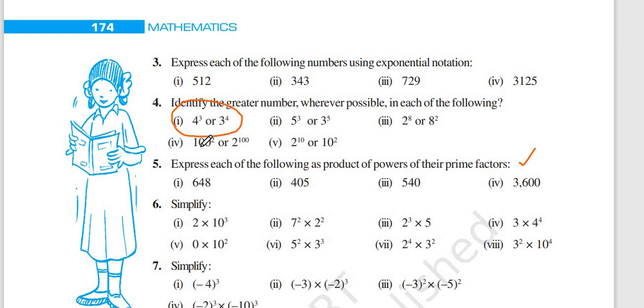You have to find the value individually, 4 cube and 3 to the power of 4. After that, you have to identify which is greater, expressing using greater than symbol or less than symbol. And sometimes both are also equal. You have to think about them, but by seeing you can't tell. You have to calculate each and every value.